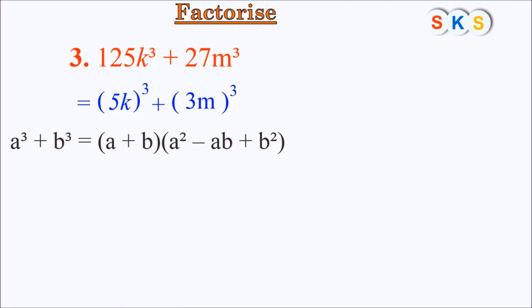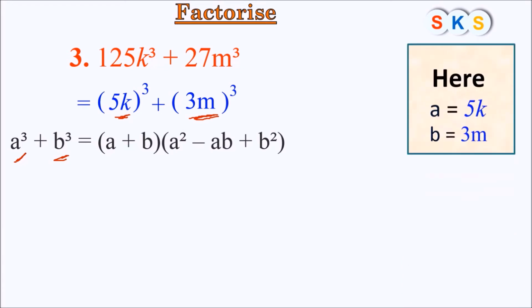You can see the first term is cube of 5k. Okay, so here we will take a as 5k, and here the second term is cube of 3m, so we will take b as 3m. Okay, so we will make a note of value of a and b. Okay, you can see in the box I have noted a as 5k and b as 3m.